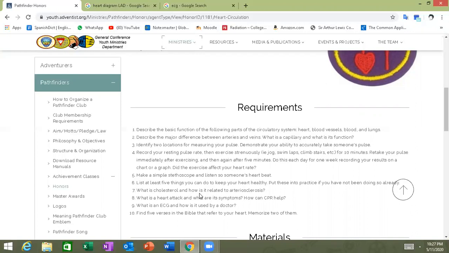So what is a heart attack and what are its symptoms? When people say heart attack, you think about the sharp pain in the chest. That's one of the main symptoms that people grasp immediately. But heart attack refers to the death of a segment of the heart muscle, normally caused by a blockage in the blood supply to the heart.